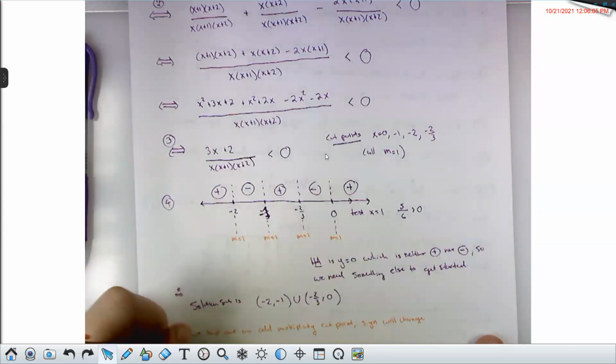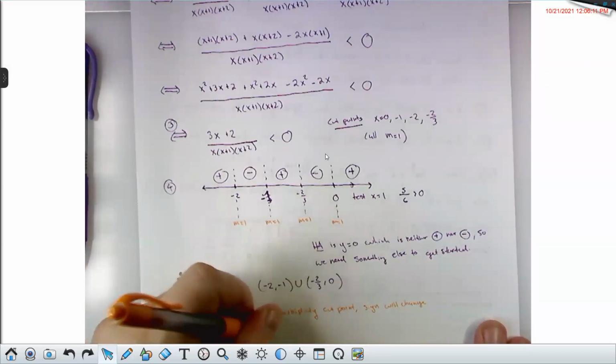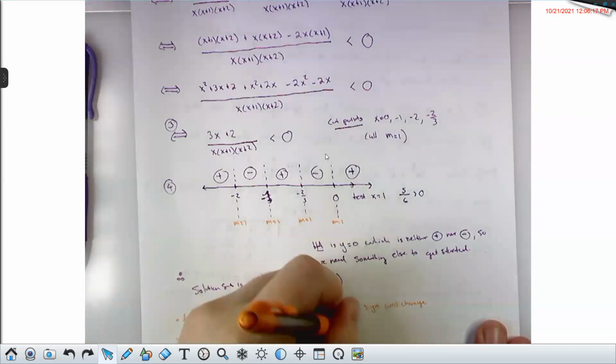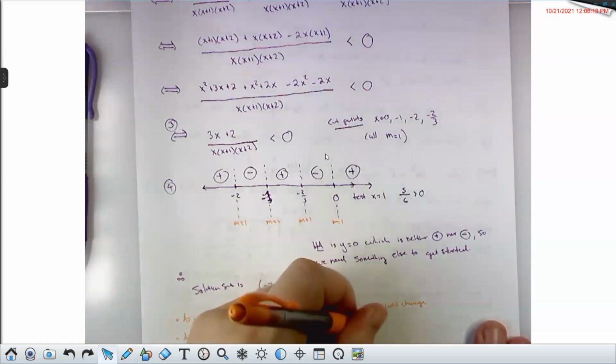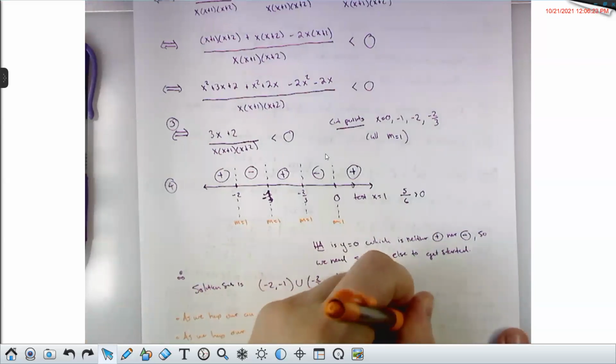And as we hop over an even multiplicity cut point, the sign won't change.